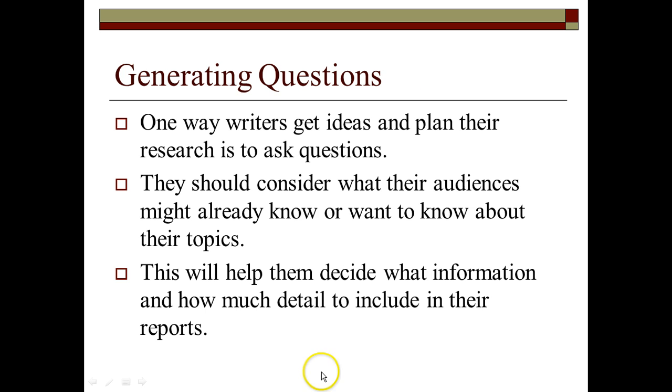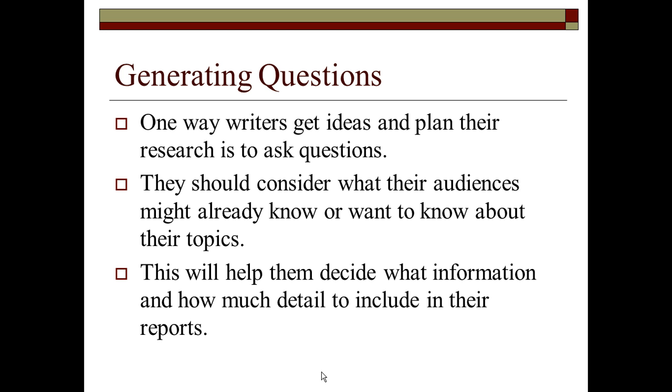So we talked about generating questions, and one way writers get ideas and plan their research is to ask questions. So that's what you need to start doing about your topic. Think about things with your topic or just science in general that you're interested in, questions that you may have. You should also consider what audiences might already know or what they may want to know about their topics.